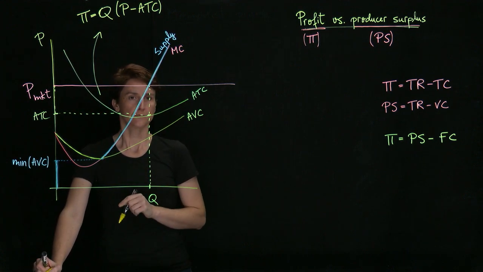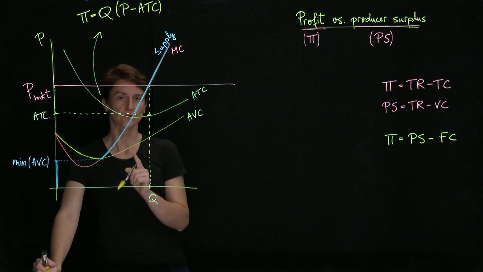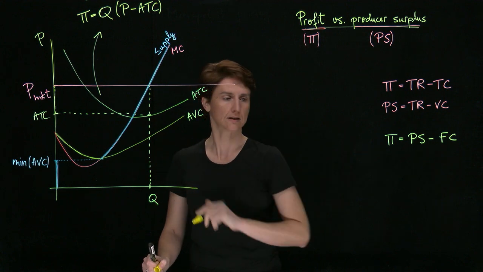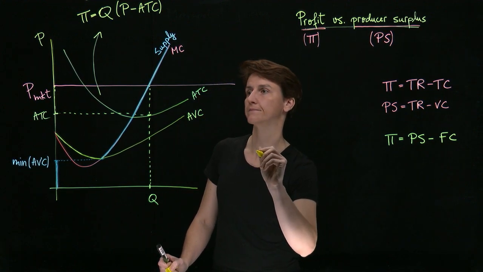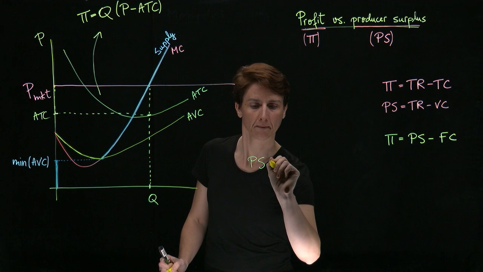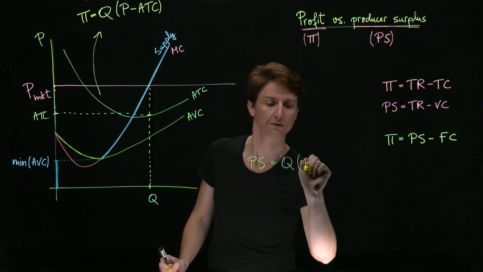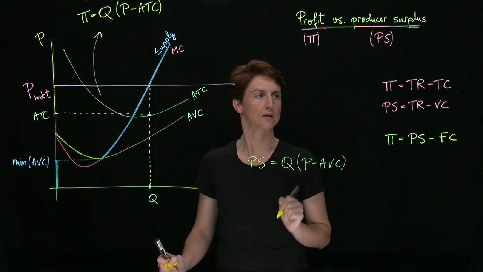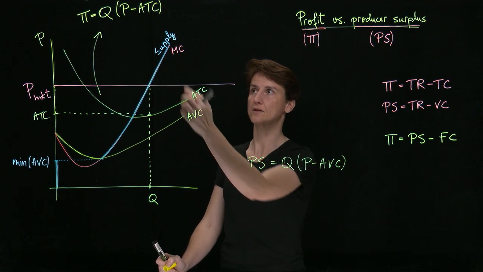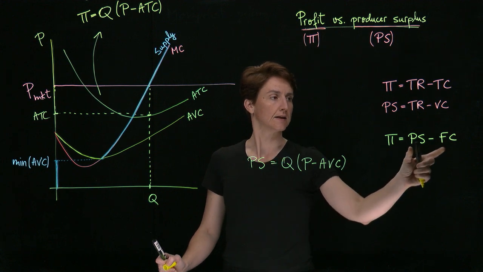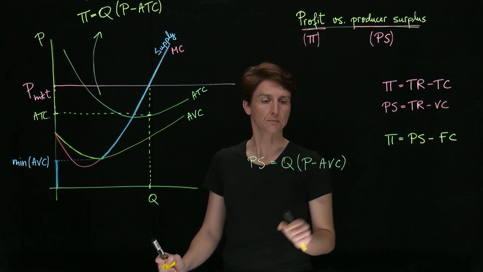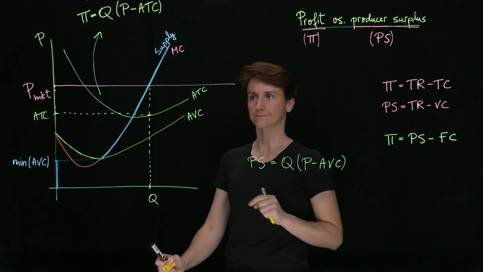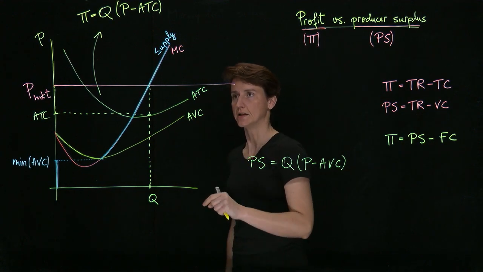What about producer surplus? We could show producer surplus in two different ways. We can think of it as either Q times P minus AVC, right? So using the same intuition as for profit, and since producer surplus is price times quantity minus variable cost, where would that be here?